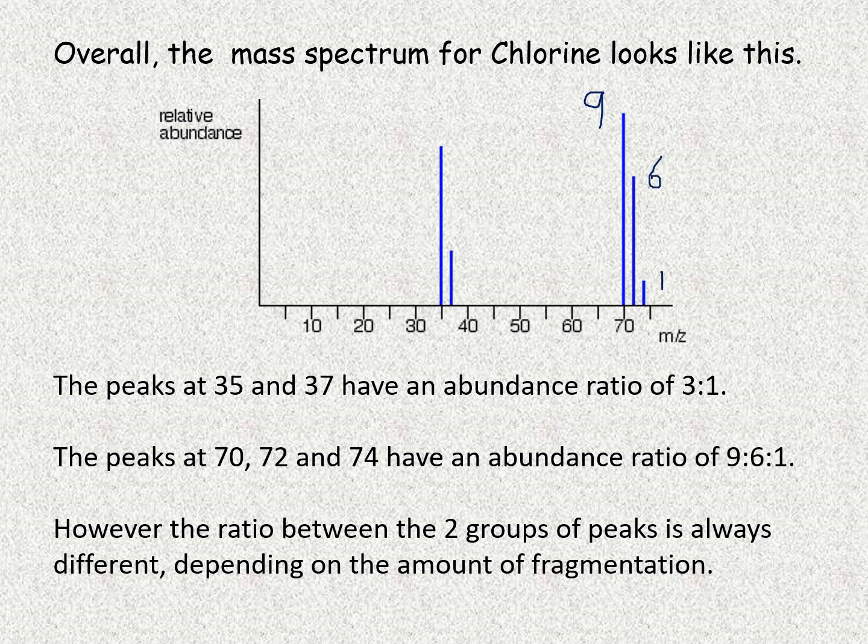But then also you have 2 more peaks at 35 and 37, and these are in a 3 to 1 ratio. And there's no link between these peaks here and these peaks here in terms of the heights, because it depends on the amount of fragmentation. So that's what the mass spectrum for chlorine would look like.